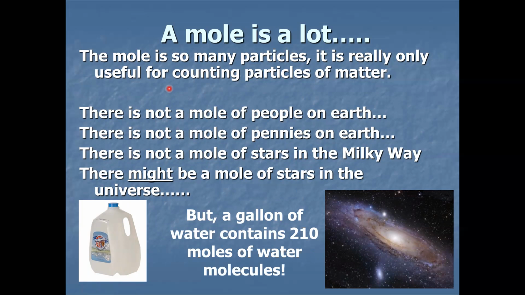So really, atoms and molecules are so fantastically small that it takes this giant number that we just can't comprehend. I'm pretty sure somebody's going to ask if there's a mole of sand on all the beaches on Earth, and I don't think the answer is yes. I think we're maybe there, but it's insane.